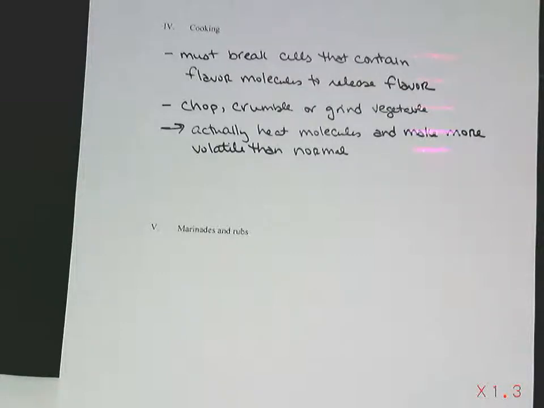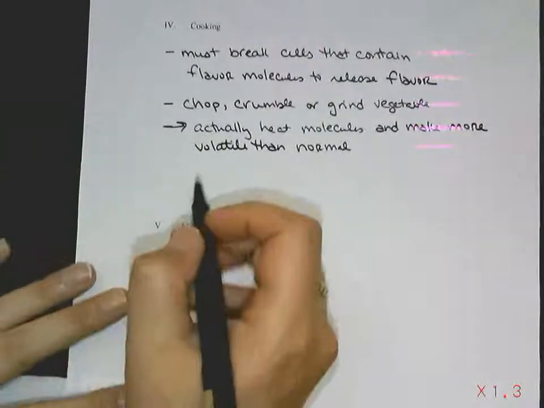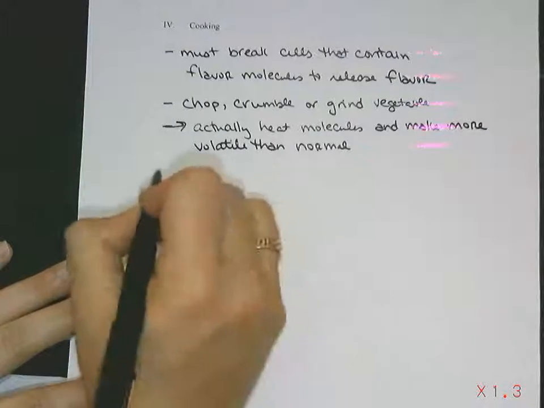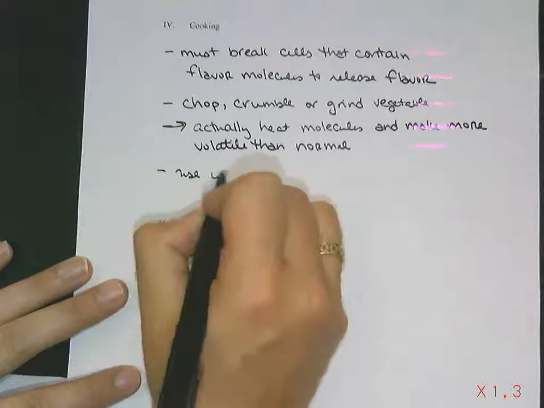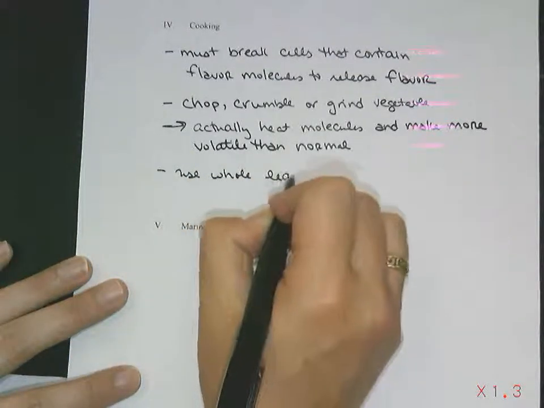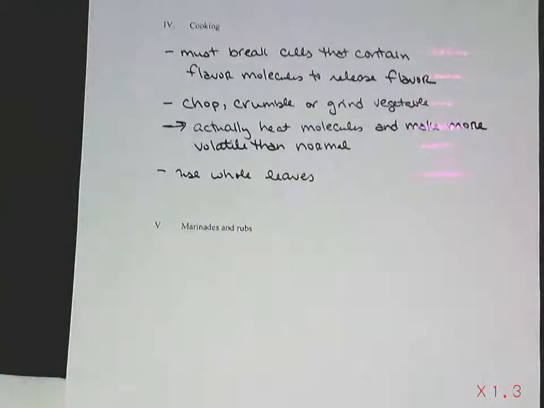Another thing we could do with cooking is we could use the whole leaf, so like a bay leaf. You use the whole leaf in there, or oregano, or some of these other dried herbs. You use the whole leaf and let them extract slowly.